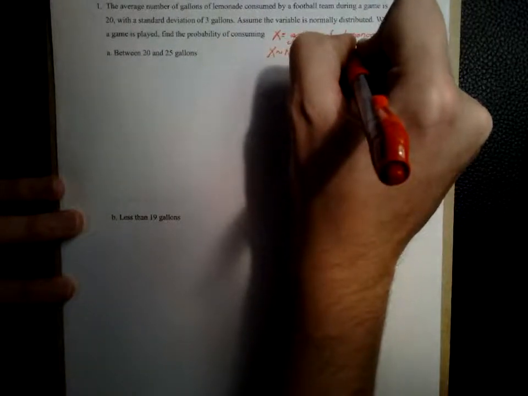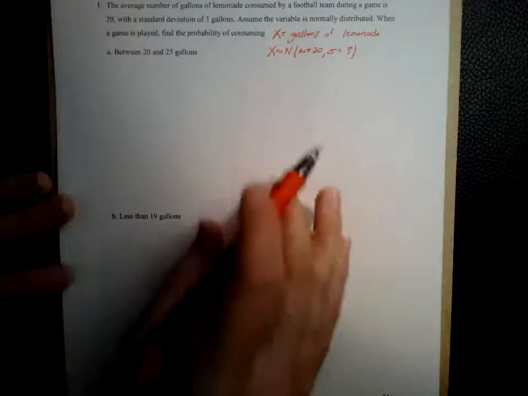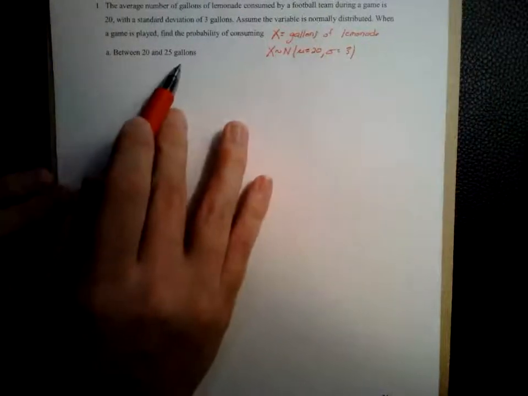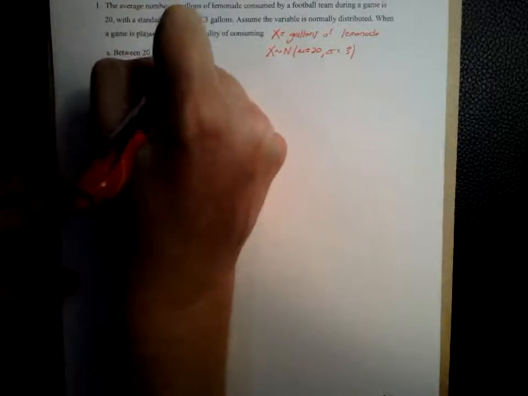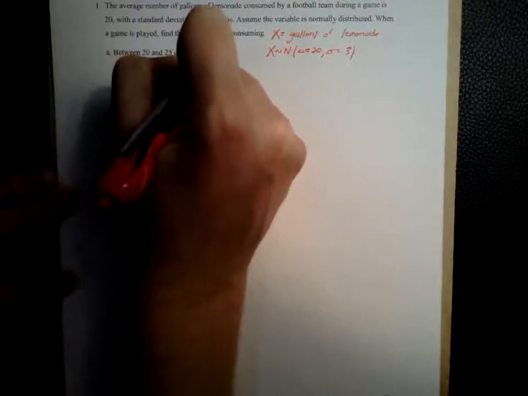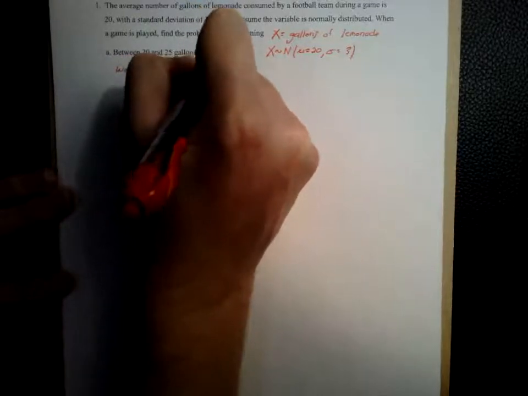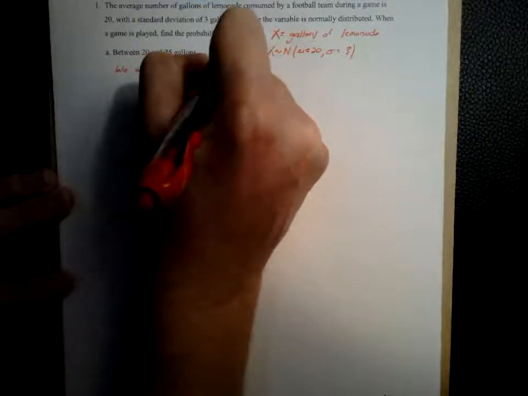Let's look at this first part. Find the probability of consuming between 20 and 25 gallons. That means we want the probability of X being between 20 and 25.